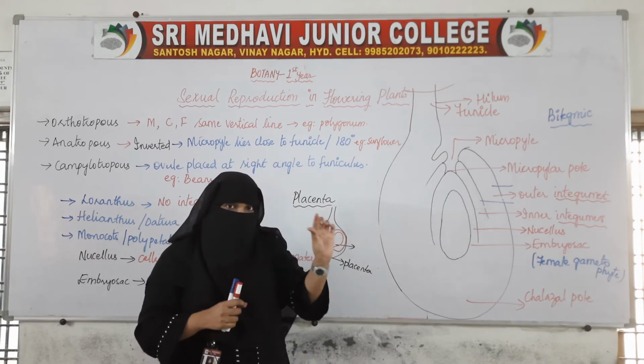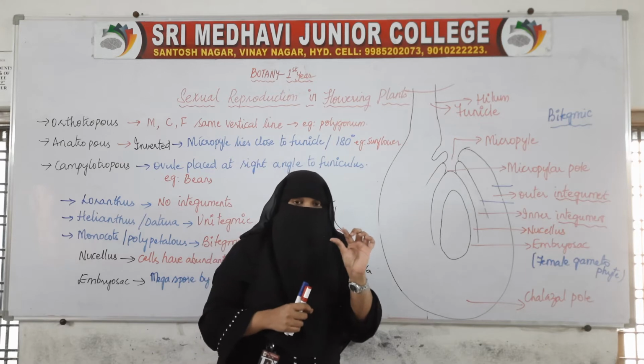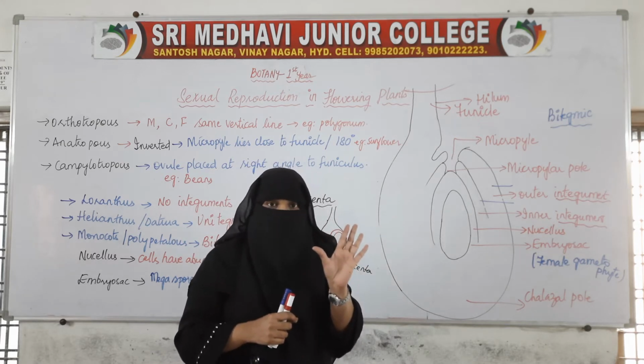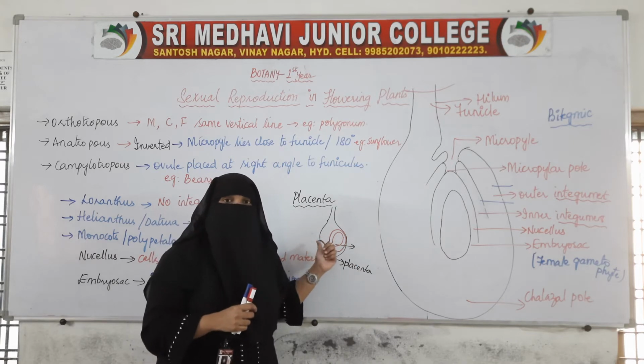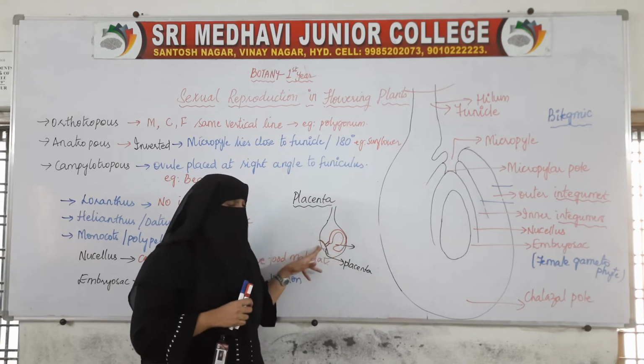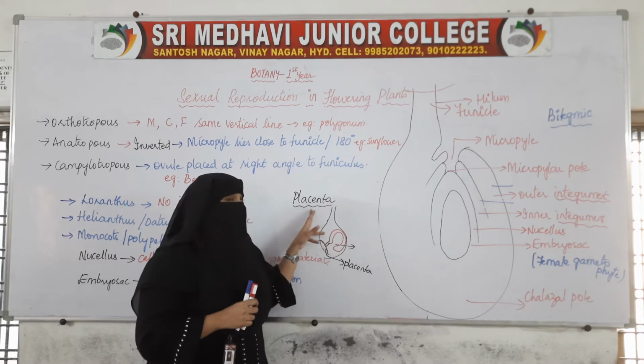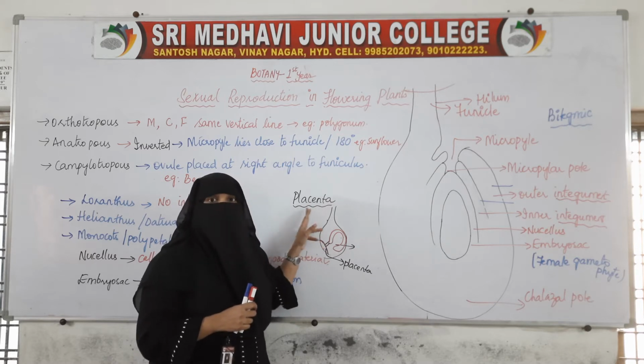What I said in the previous video, you just go through it. If it is another word, don't use it. The ovule is attached to the ovary with the help of this placenta.